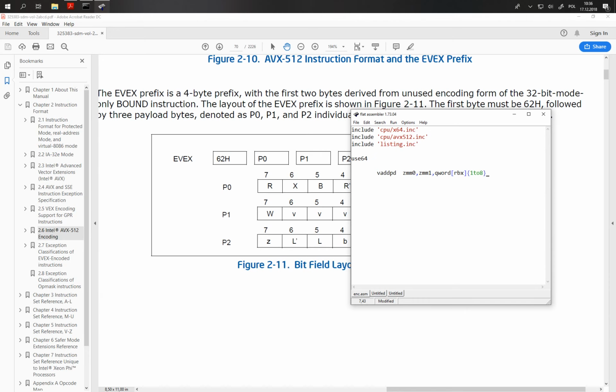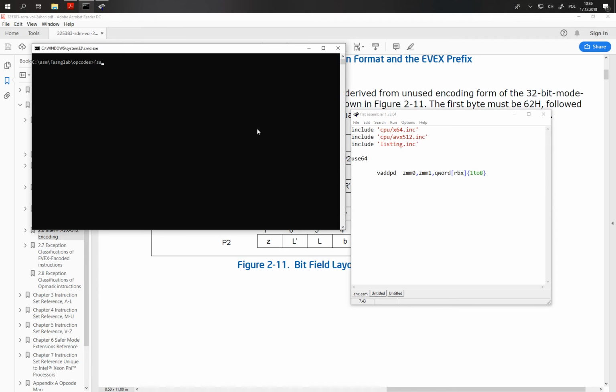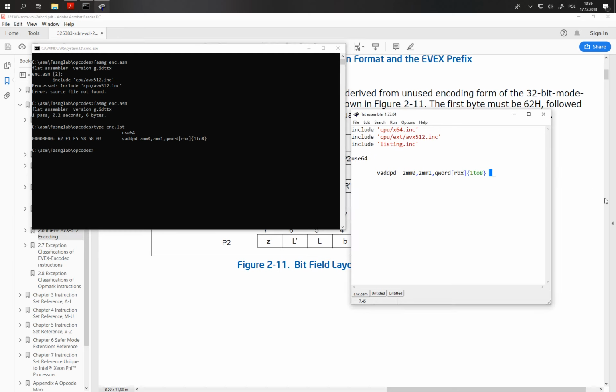How many of them does it fit? And a similar instruction. Oh, I don't even remember all these French names.